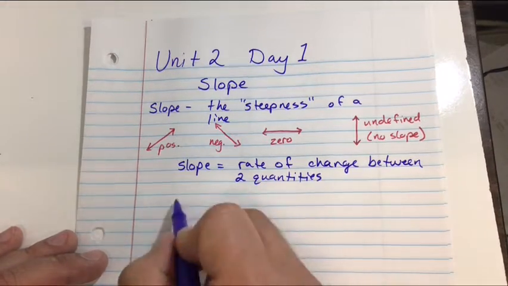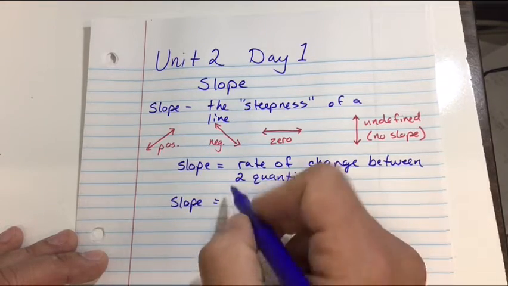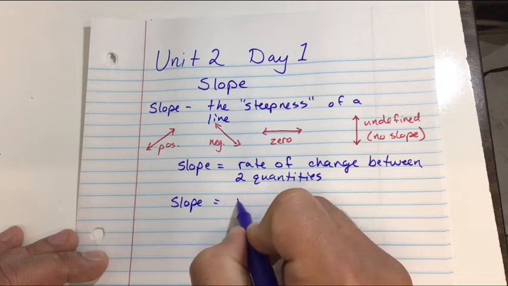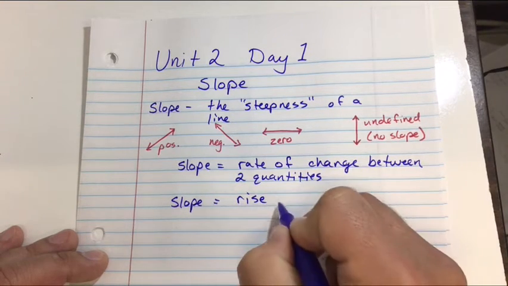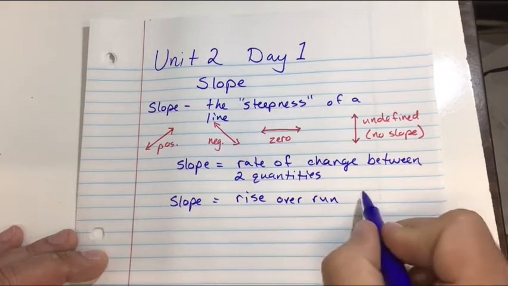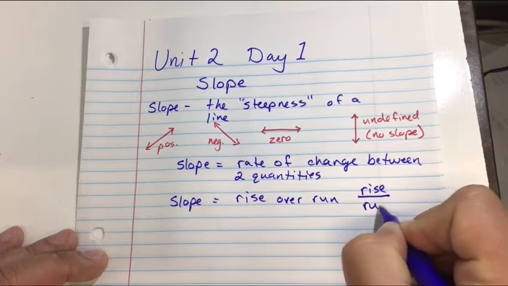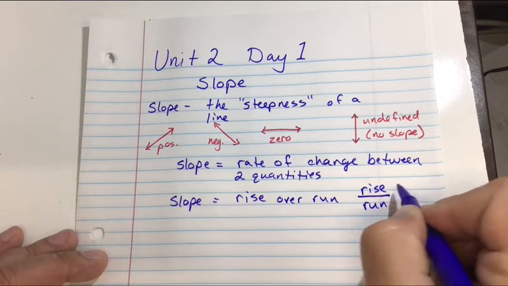But slope could also be used with numbers on a graph. If I gave you the graph of a line, we would say that slope is rise over run. It's a rate, which means it's a fraction: the amount of rise over the amount of run. Rise would be your up and down measurement. Run would be your left and right.